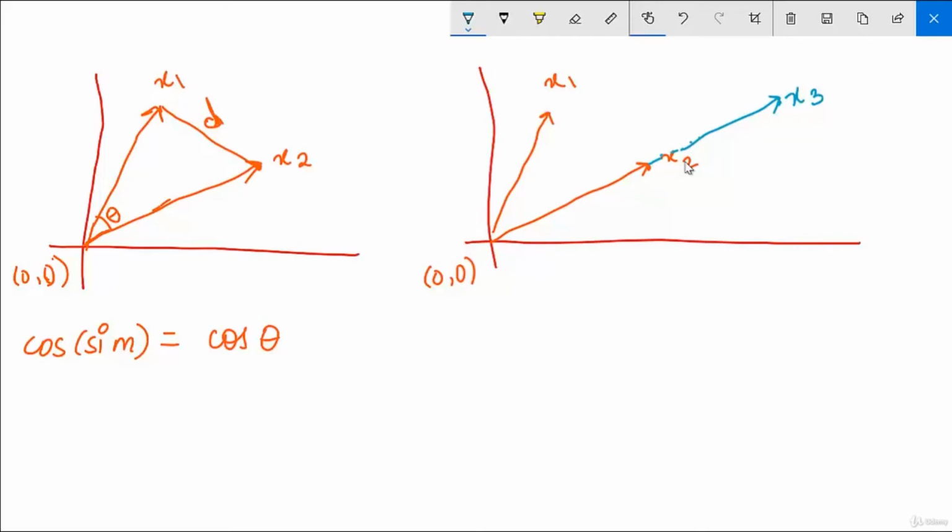Think. You can pause the video and think, and if you are right, I'll take an excellent from my side. Suppose this is our theta angle between x1 and x2 and x1 and x3. Basically, what is the similarity between x2 and x3?